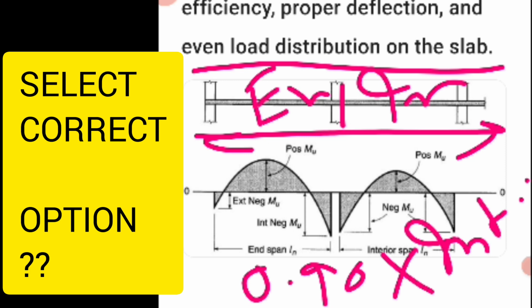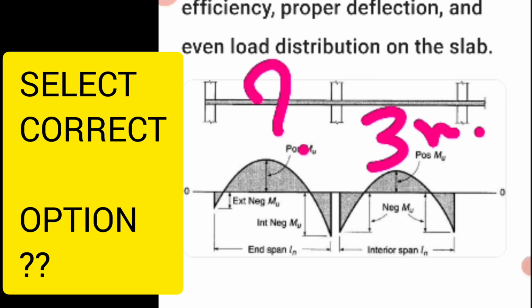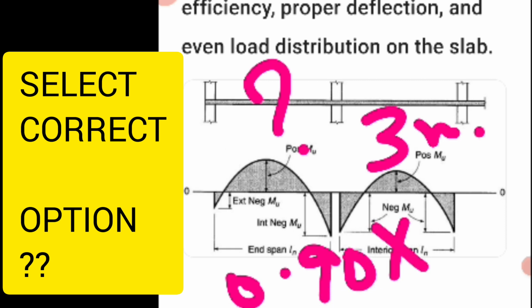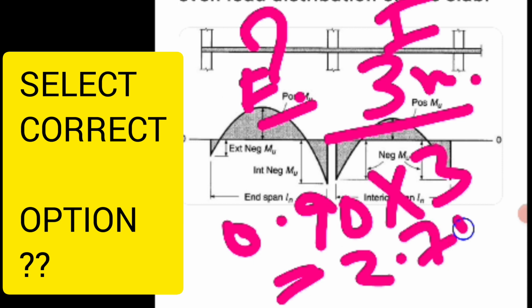For more explanation, for example, suppose intermediate span is 3 meter and end span shall be 0.9 multiplied by 3 meter. This is intermediate span, this is I and this is E. So your end span shall be 2.7 meter, right? The end span shall be 0.9 of the intermediate span.